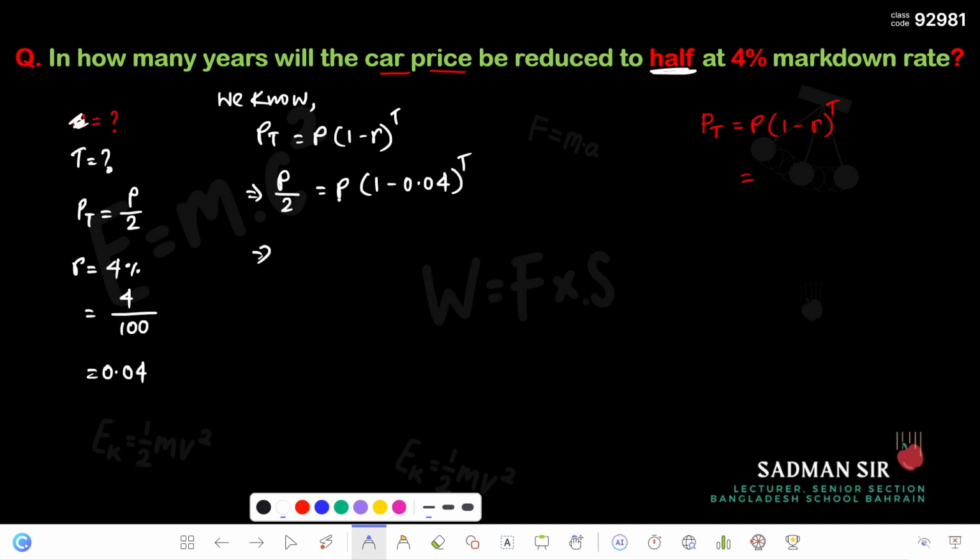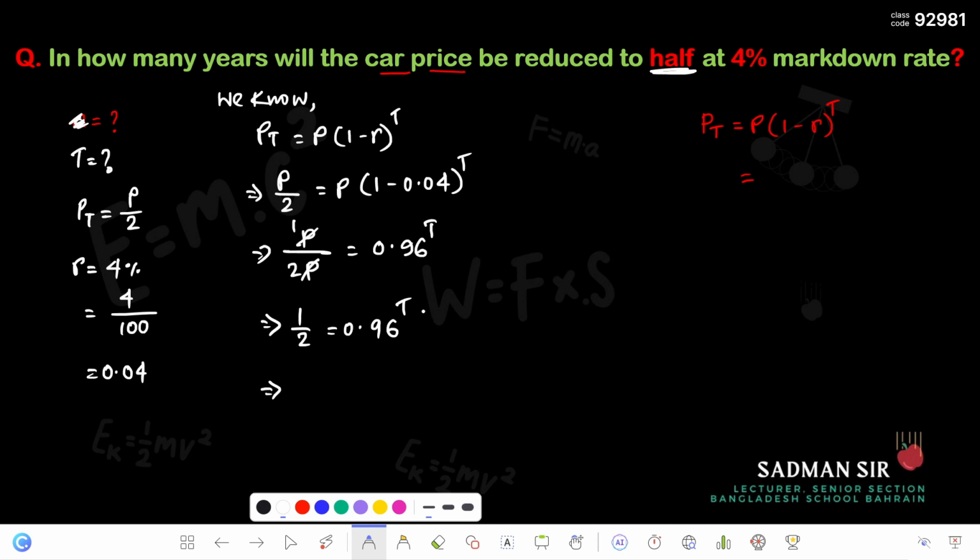So now this P is being multiplied. If I change the side, it will be in the denominator. So it will be 0.96 whole to the power t. So P and P will be getting cancelled. So it will be 1 by 2 equals 0.96 whole to the power t.